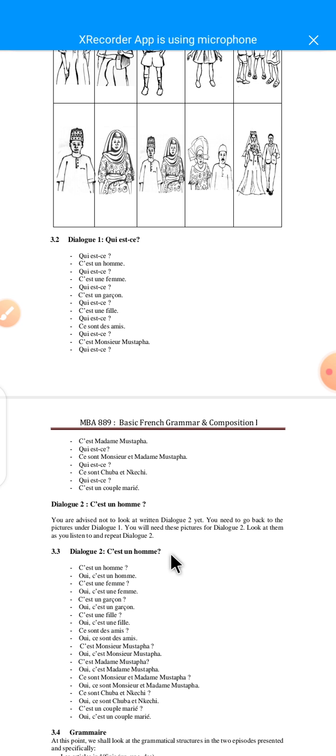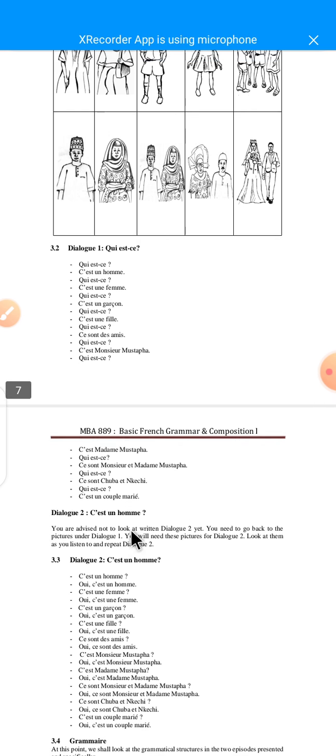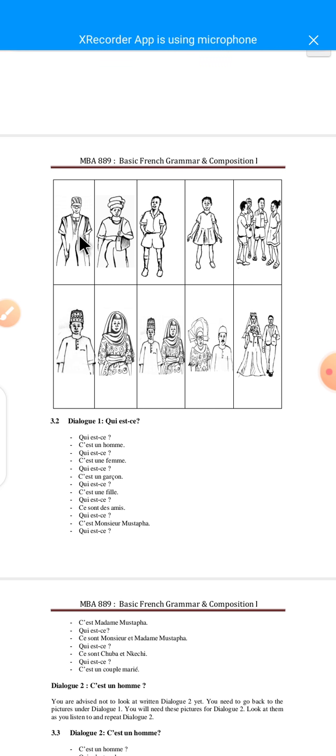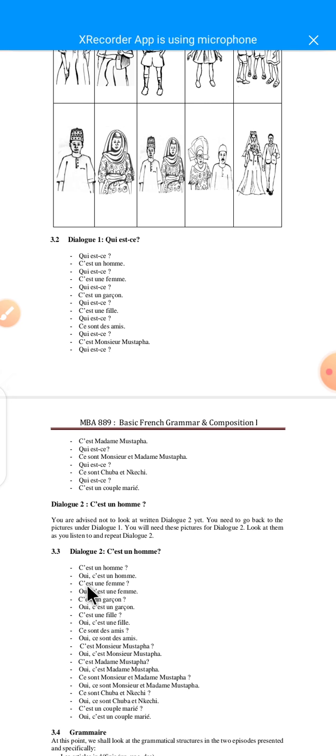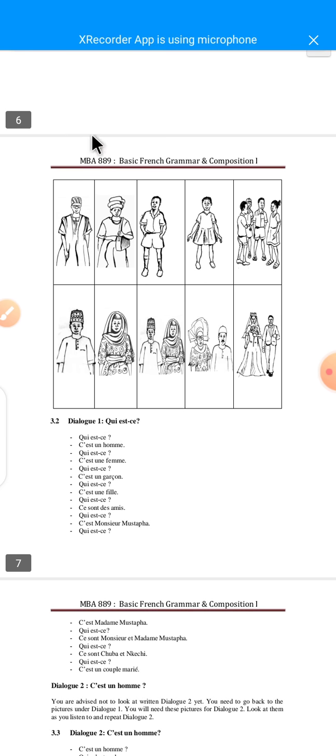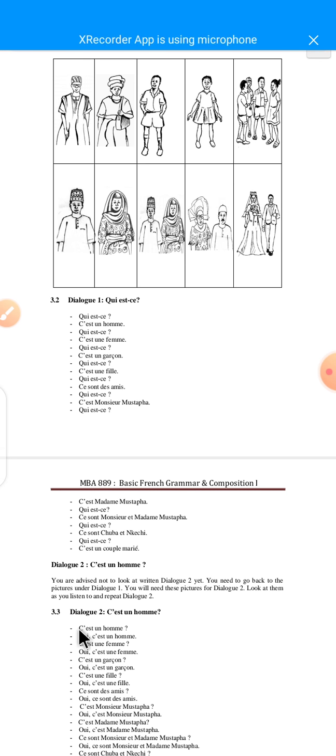Is it a man? C'est un homme. Is it a man? Oui, c'est un homme. That's it. Is it a man? Yes, it's a man. C'est une femme. Is it a woman? So that's this woman here. Oui, c'est une femme. Yes, it is a woman. C'est un garçon.